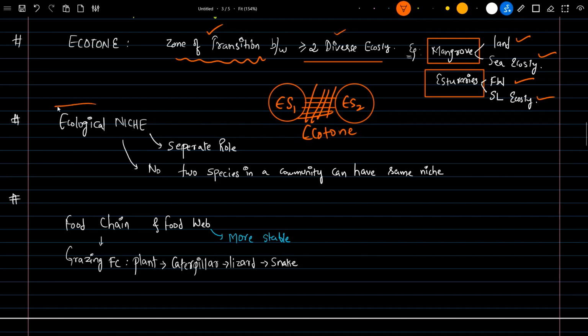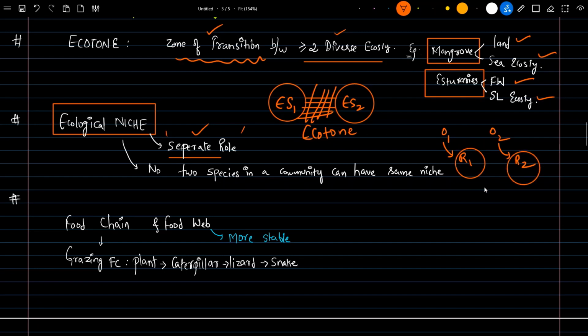Next concept, let's understand what is ecological niche. Whenever this word comes, simply understand this keyword. It means every organism has a separate role, which is unique. Let's say this is organism one, this is organism two. This has an individual role, this has an individual role too. So everything has an individual role.